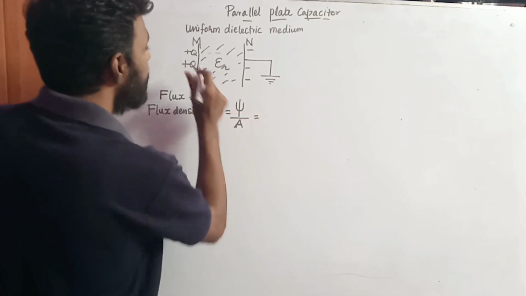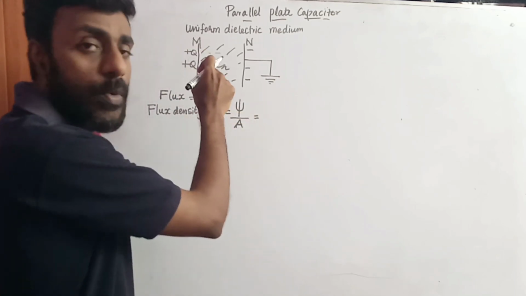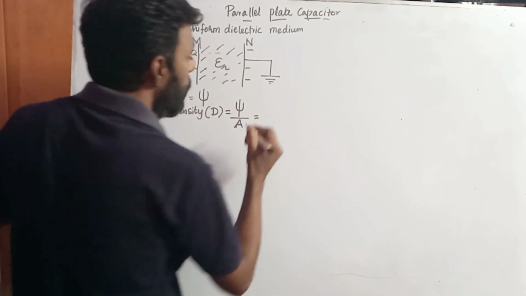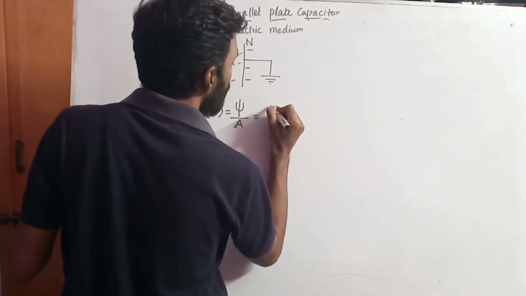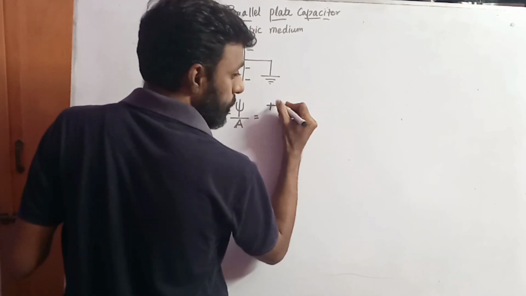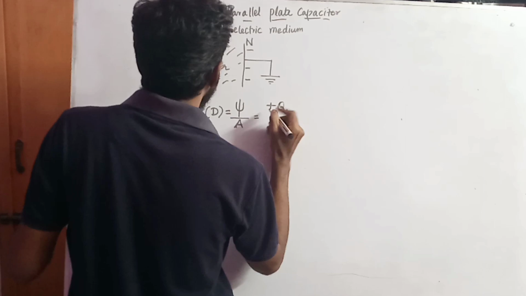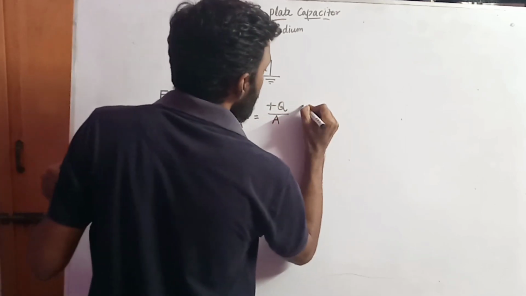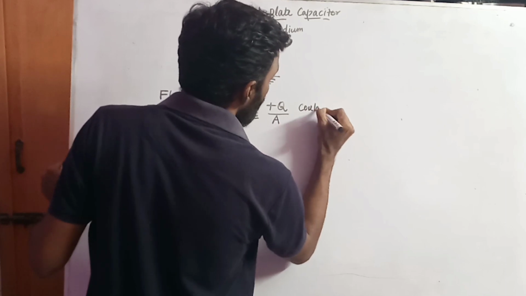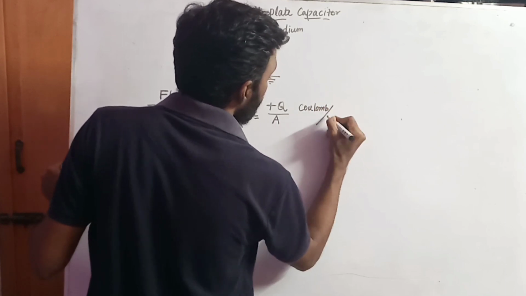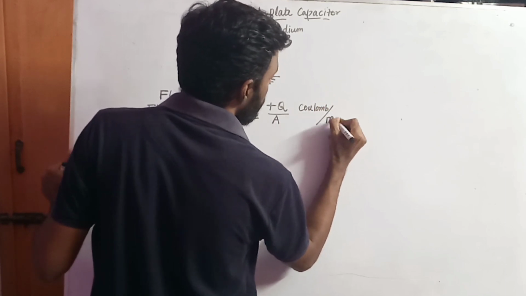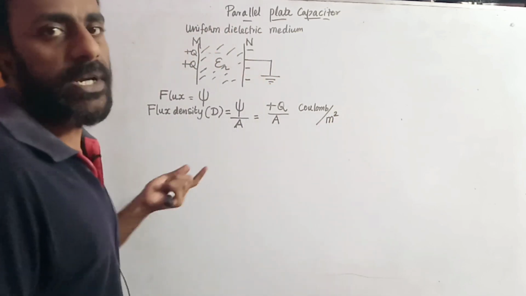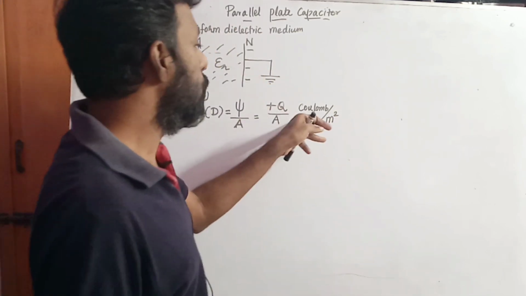So this flux can be equated to this plus Q. So I am putting flux psi equal to plus Q, divided by capital A. The unit will be coulombs per meter squared.